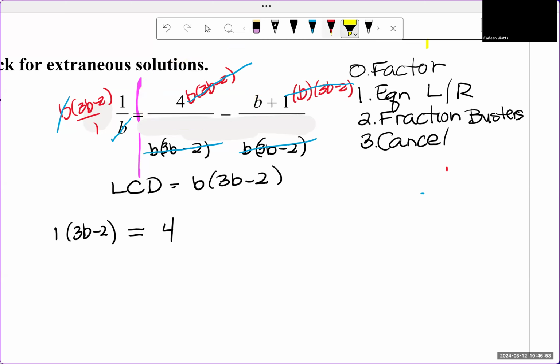And then we have a minus, and then we have just a b plus 1. Are we good with the canceling part? The canceling part tends to be everyone's least favorite. Are we okay with what canceled?